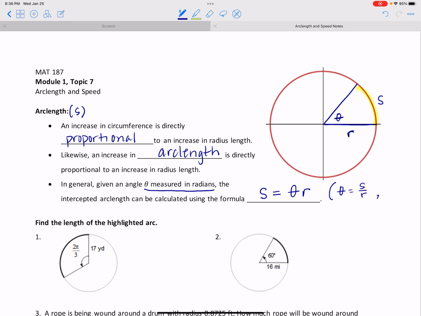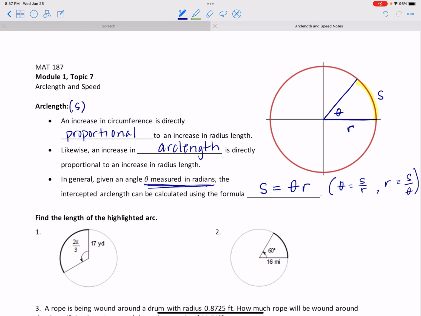Or if I wanted to solve for r, it would be our arc length divided by our theta. And again, this is all predicated on that theta measurement being in radians. So we should be able to find any arc length given any radius if we know the angle.